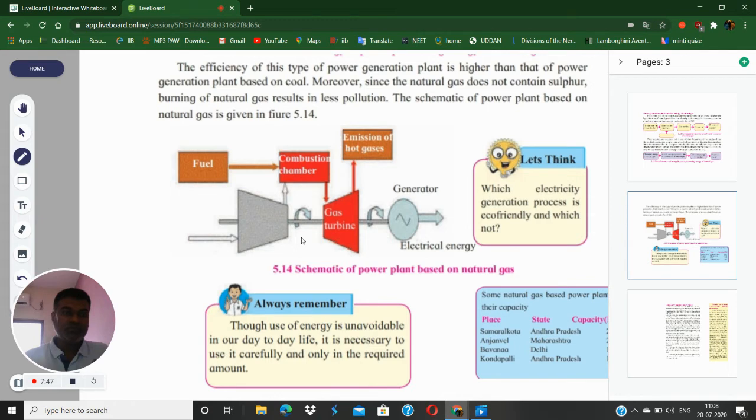We will learn more in the coming animation slides. So natural gas has some positive points also. Which are the positive points? When we burn coal, we get a lot of pollutants, that is carbon dioxide, carbon monoxide, sulfur, nitrogen, such unwanted gases are evolved, and they disturb the environment.